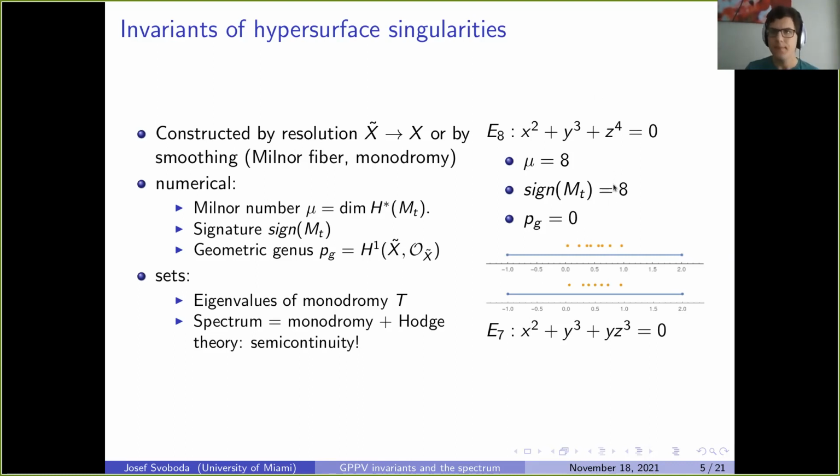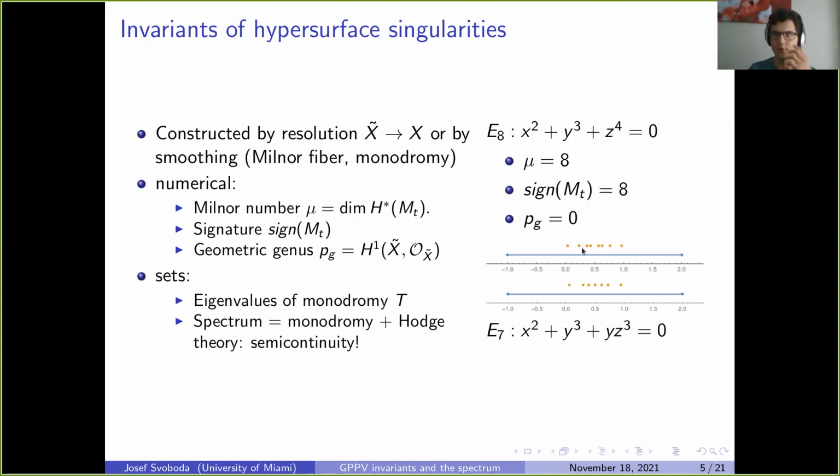And now the spectrum. There are 8 eigenvalues because the full rank is 8, and the monodromy can be diagonalized, and the eigenvalues are like this.